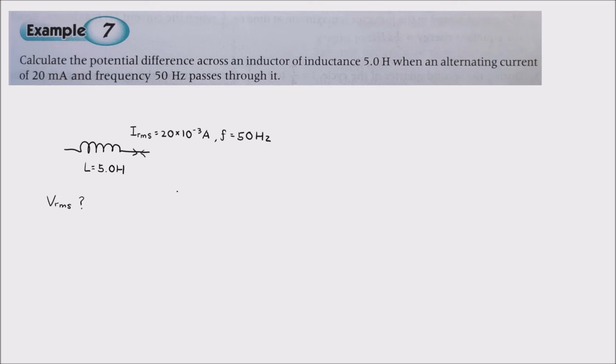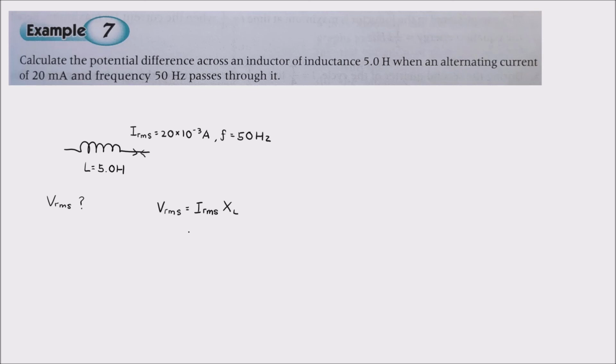How are we supposed to find the potential difference? You need an equation that relates V_RMS and I_RMS. What should you complete this equation with? It should be the inductive reactance, because this is a pure L circuit. There's only an inductor connected to this circuit. So V_RMS equals I_RMS times X_L.